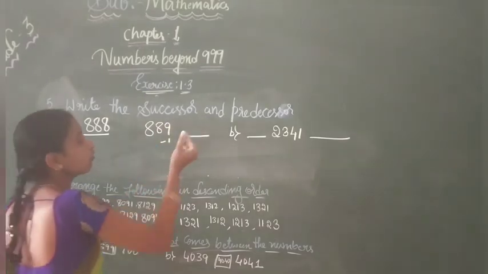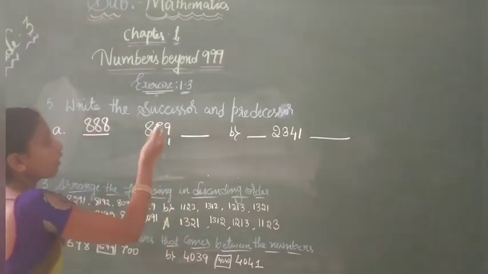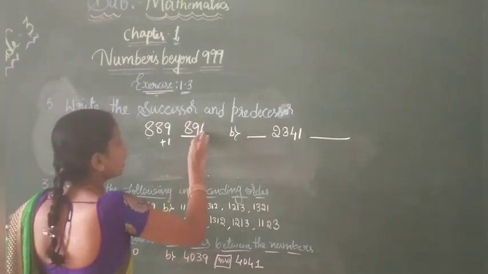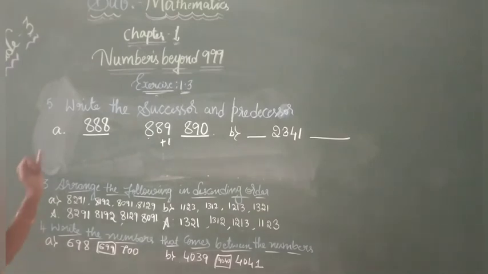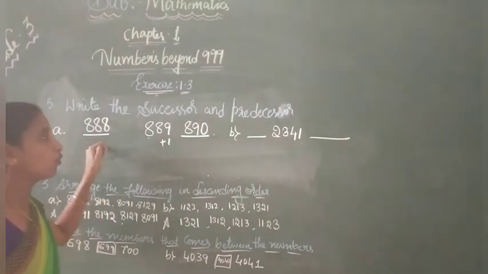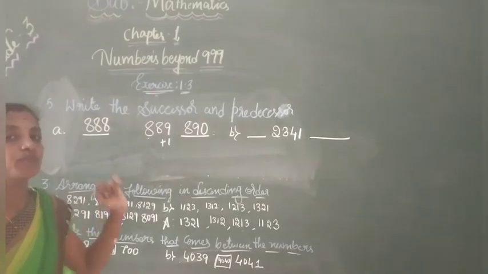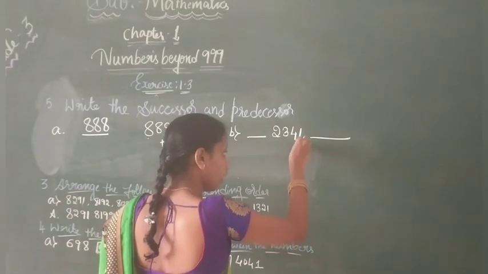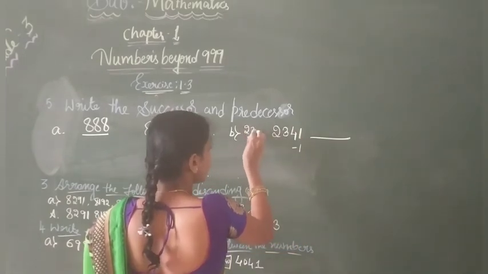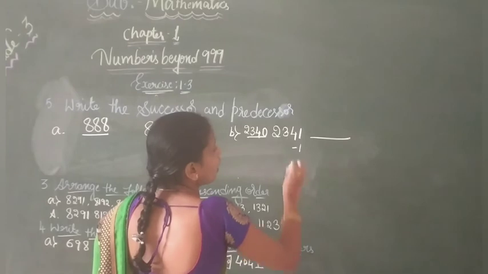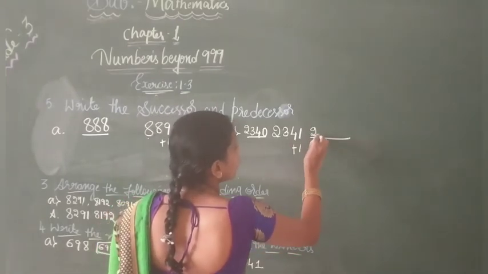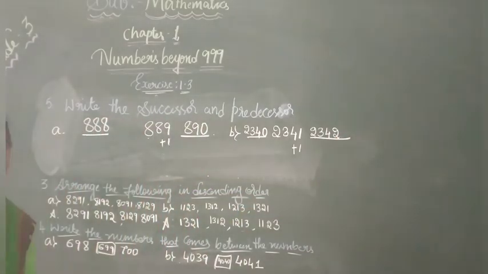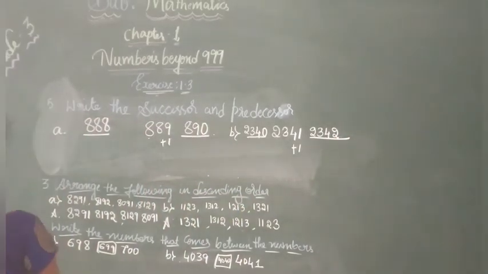Then successor is what? Adding 1. 889 plus 1, we get 890. Is it clear? Any doubts? Look, here is 2341 minus 1 means 2340. Next plus 1 means 2342. Is it clear?